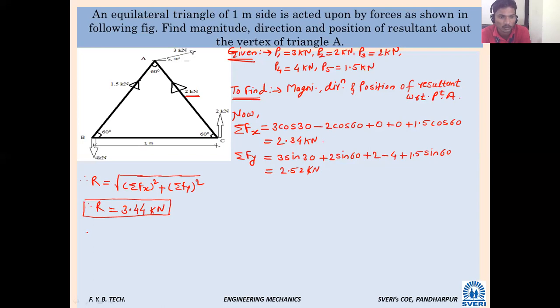Next, theta is equal to tan inverse of summation Fy divided by summation Fx. Calculate.